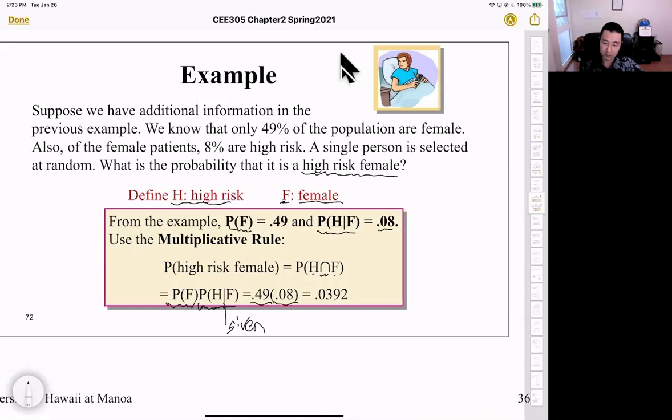So we have 3.92% that a single person picked is a high-risk female.